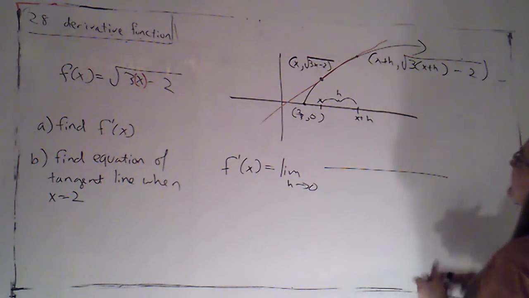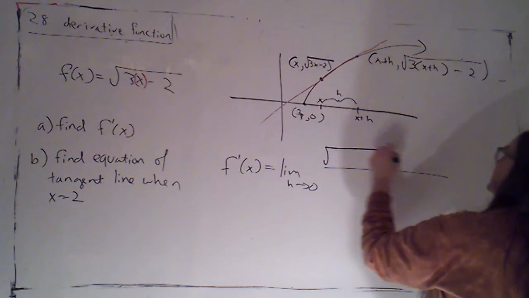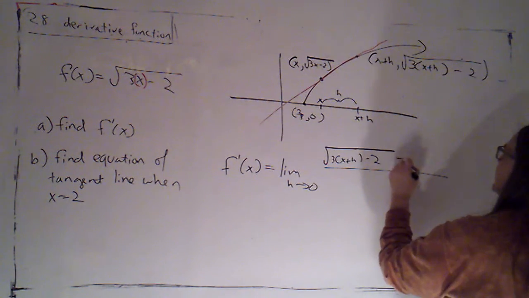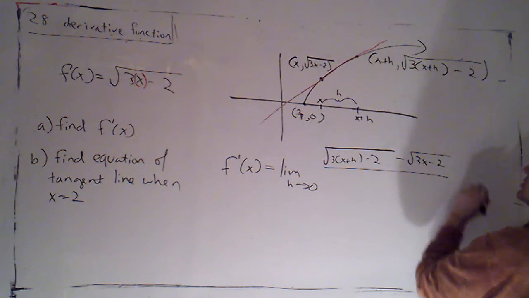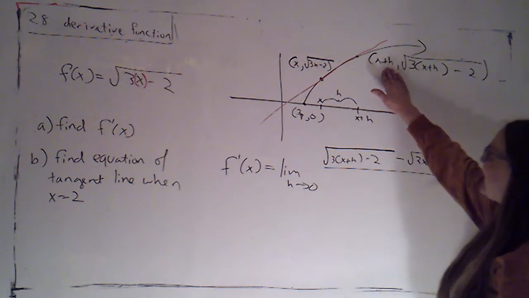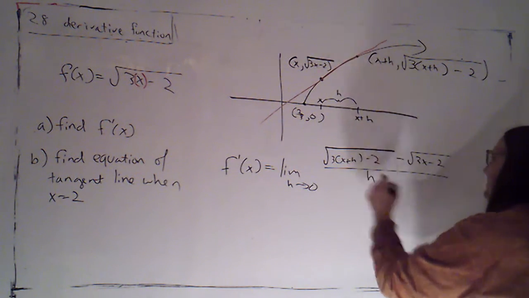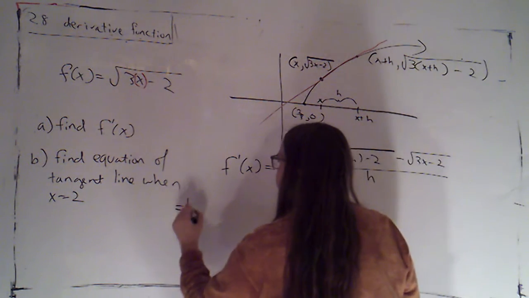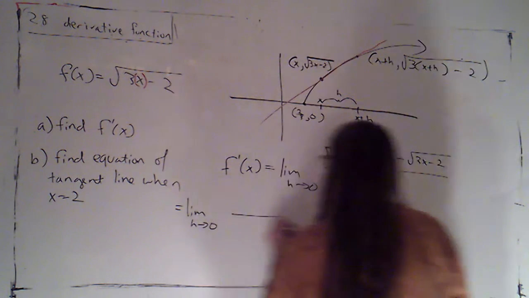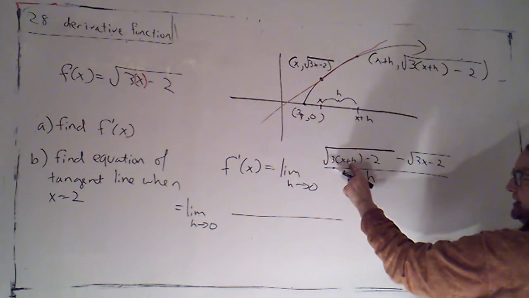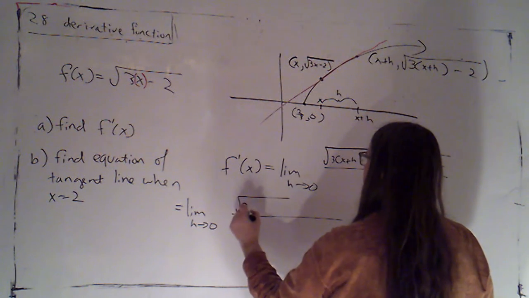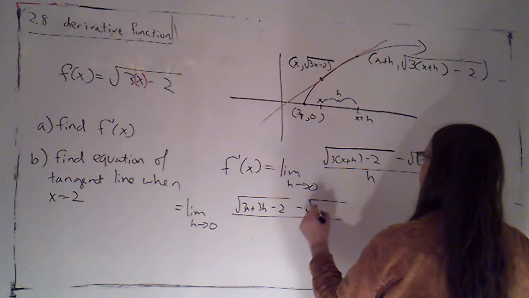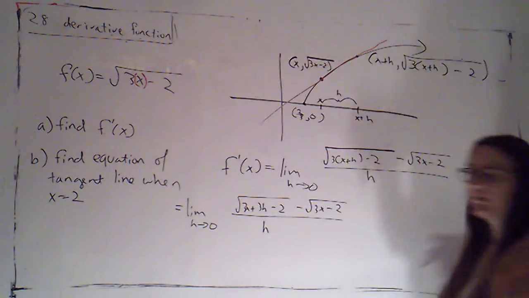Slope of the secant line is just rise over run, so that's going to be the square root of 3 times x plus h minus 2 minus the square root of 3x minus 2, all over, and again, x plus h minus x simplifies to just h. Okay, so this is the limit as h goes to 0. I'm just going to distribute this 3 inside here, so it's going to become the square root of 3x plus 3h minus 2 minus the square root of 3x minus 2, all over h.